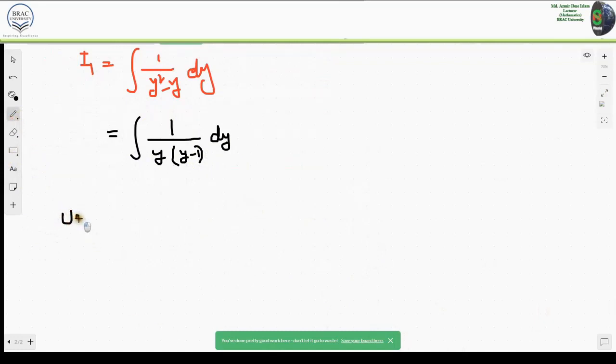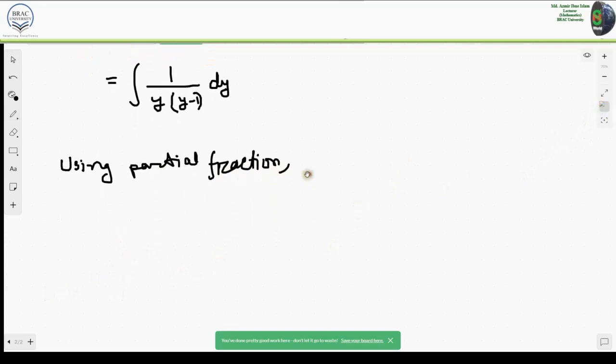So using partial fraction, 1 by y times y minus 1 equals a over y plus b over y minus 1.